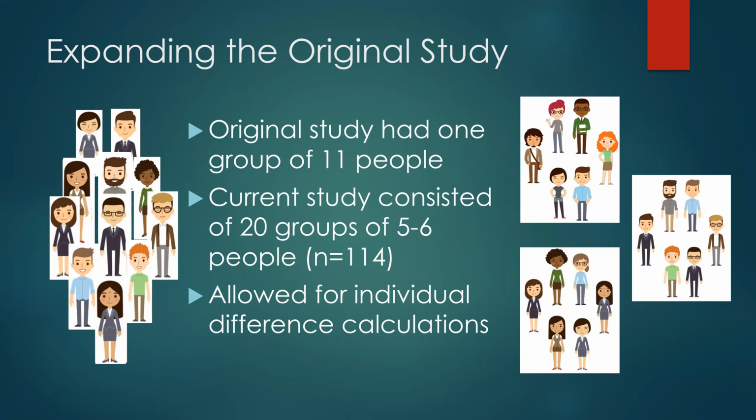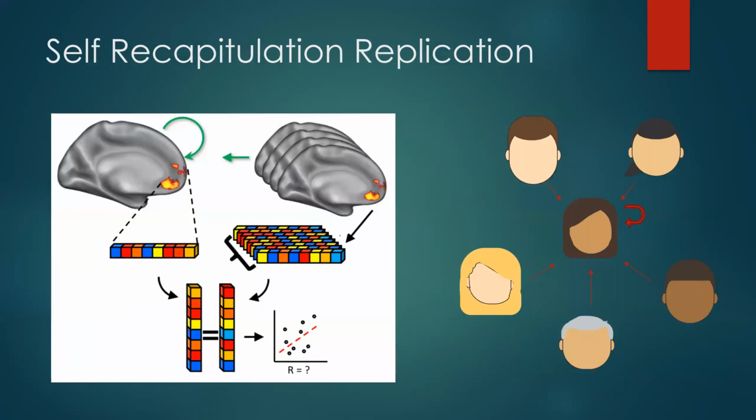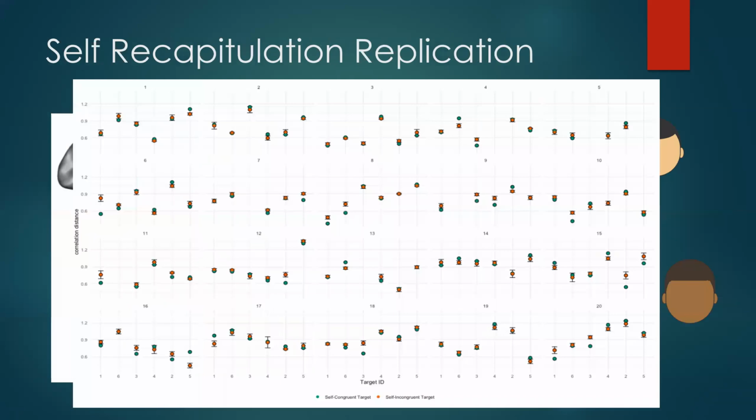As a first step, we wanted to try to replicate this original finding of the self-recapitulation effect, and we, in fact, did that. We found in the ventral medial prefrontal cortex of our subjects, across 114 of them, that there was this high degree of similarity between my self-representation and my group's collective representation of me.